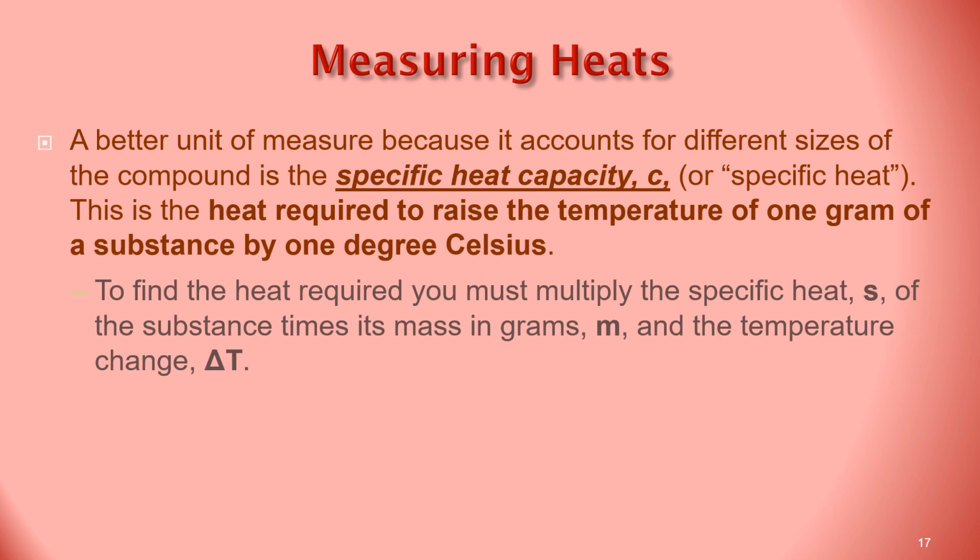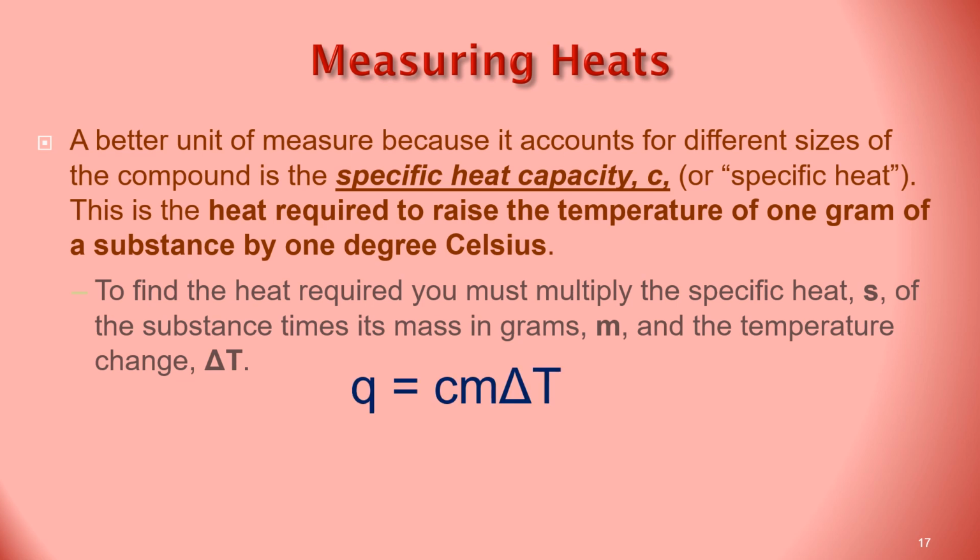So what's different is that this is the heat required to raise the temperature of 1 gram of a substance by 1 degree. So it even gets a little bit more specific. So not only do you have to multiply by the change in temperature, but also the weight of the substance. So that's sort of taking into effect the fact that it is an extensive property.